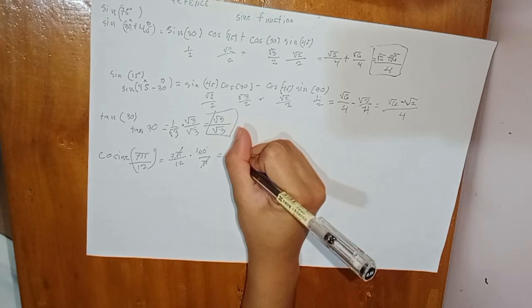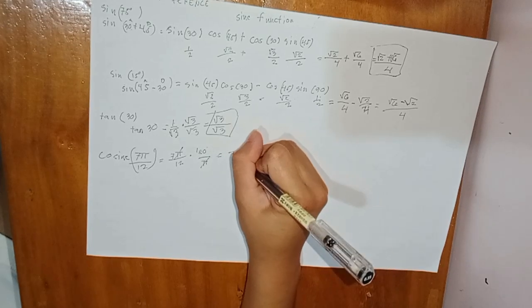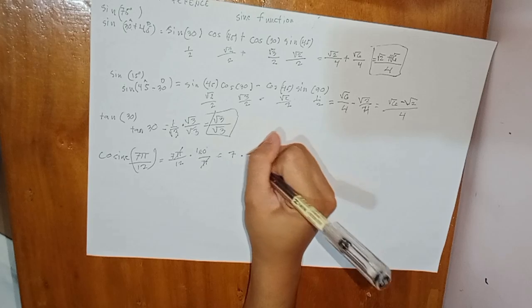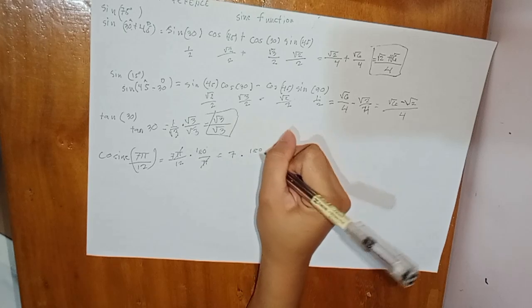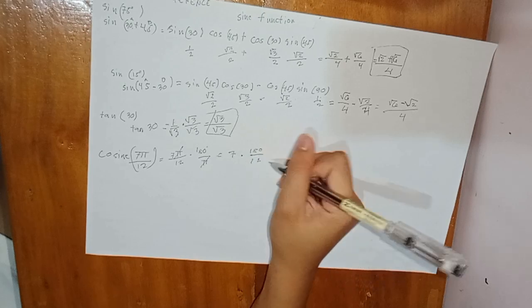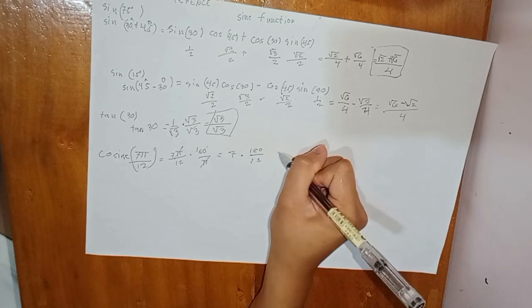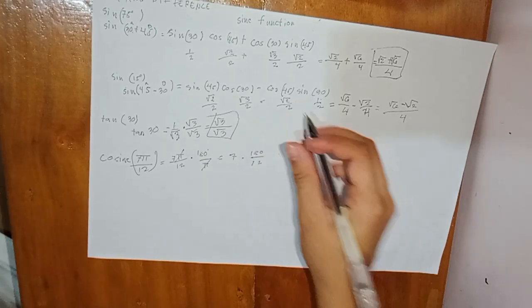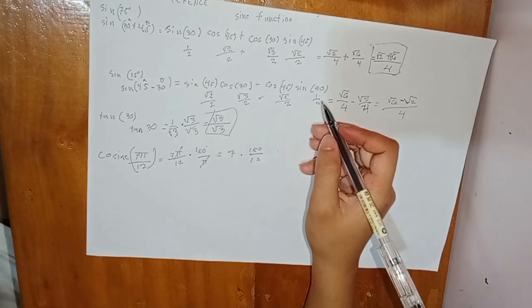So what's 7 times 180 over 12? If you don't have a calculator, here's what you want to do.